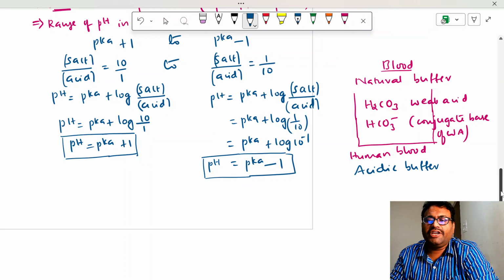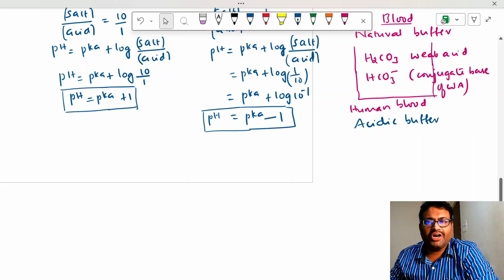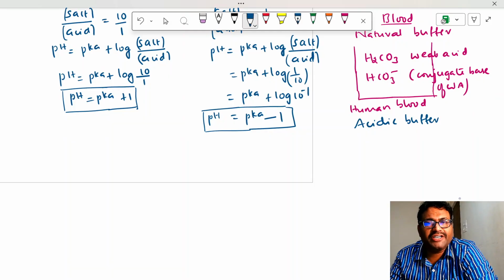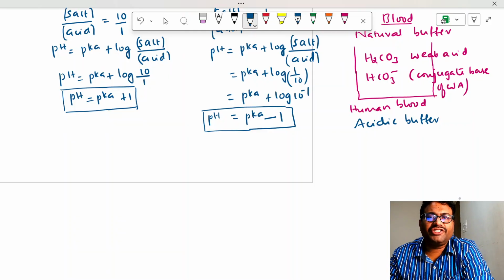Here, humans drink water. When you drink water, what happens? The blood gets diluted. When blood gets diluted, does the pH change? No. The pH of human blood must remain constant.